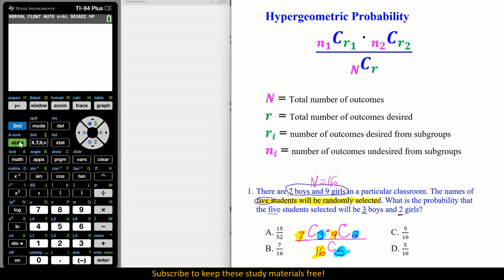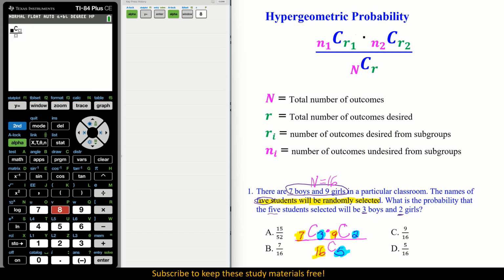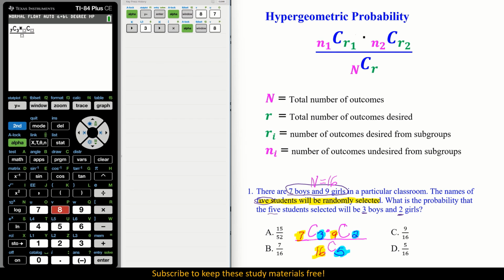Okay, so let's say alpha y equals, number one's what we want, so let's set this up. We want alpha window number 8, and that's 7 with 3 taken out, and then times alpha window number 8, and then we want 9 with 2 taken out.